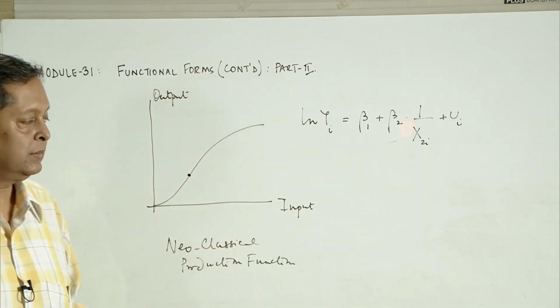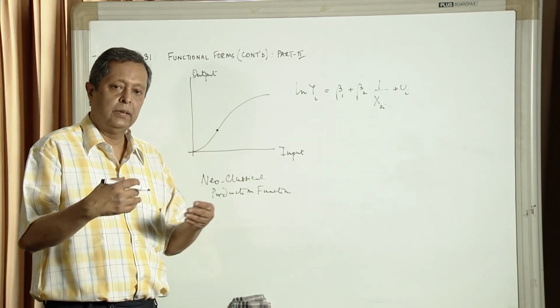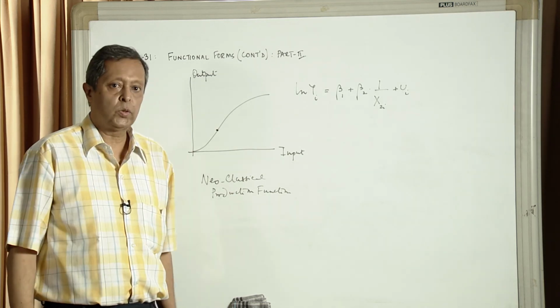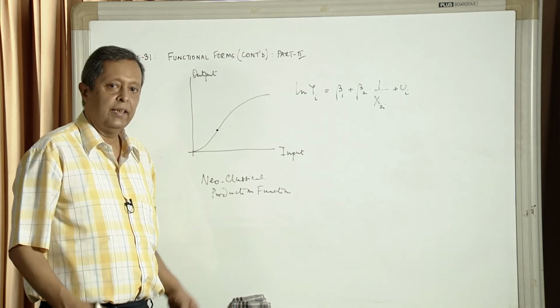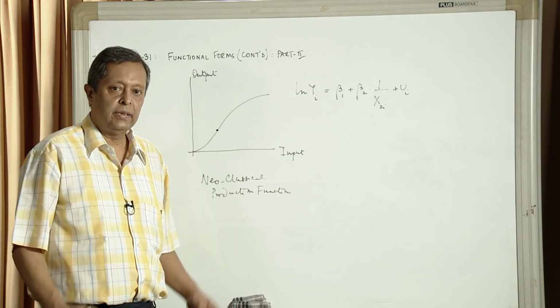So, that, dear students, brings us to the end of the different main functional forms, and please go through the study material where these are discussed in more details. Estimates are given, T ratios are given, confidence intervals are given.